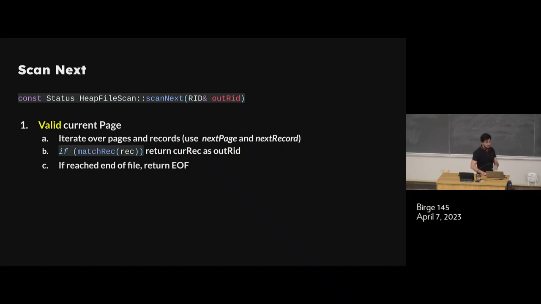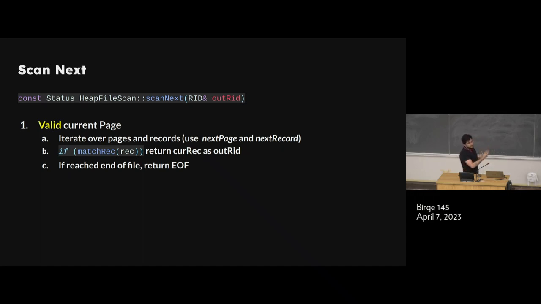So how do you actually implement this? First of all, you'll check, is the current page that I'm looking at a valid page or not, right? There are cases where this current page might be null. In that case, there's nothing for you to iterate over, so you'll have to do something else. We'll see that in a second. But if the current page is a valid page, that page will have records, right?